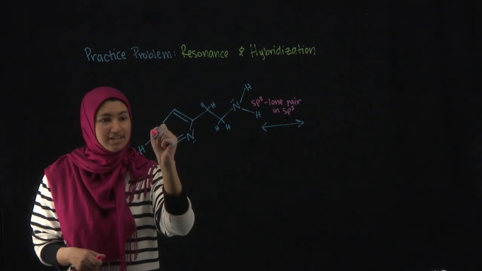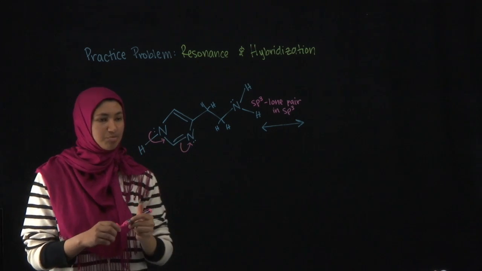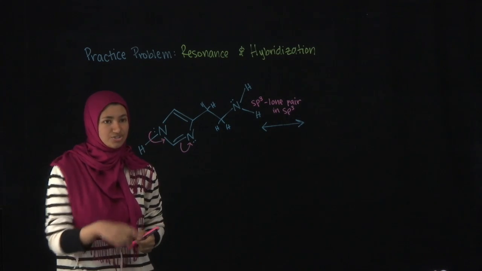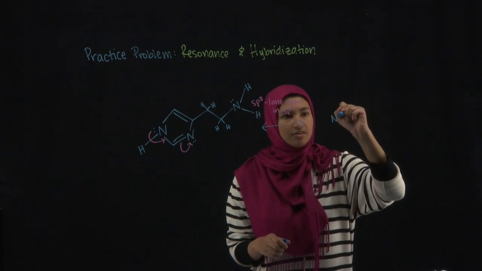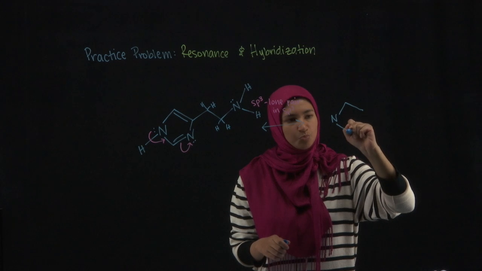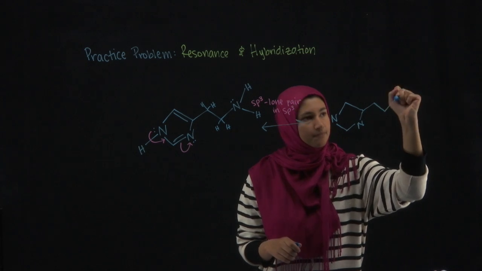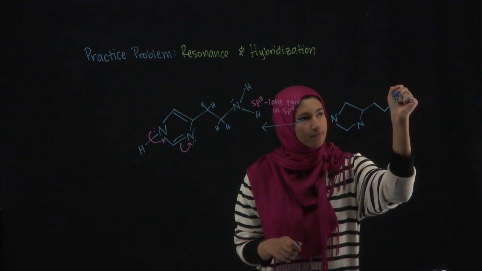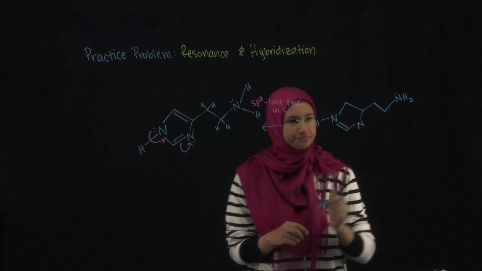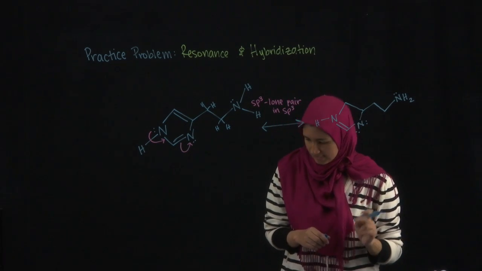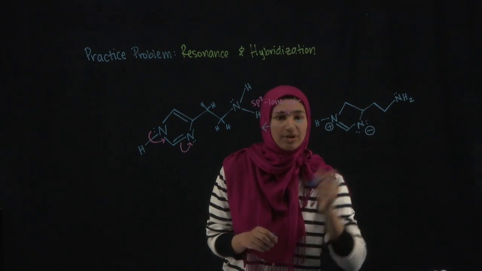So what you can do is take this lone pair, shoot it down to here, and move this double bond electron-rich region onto this nitrogen, giving us this structure right here. And let's assign formal charges.